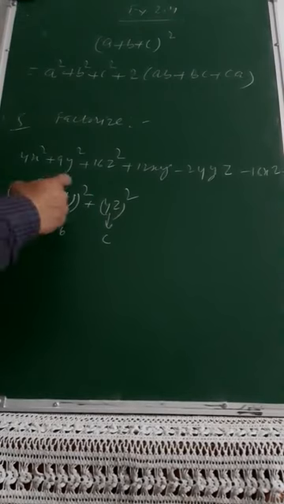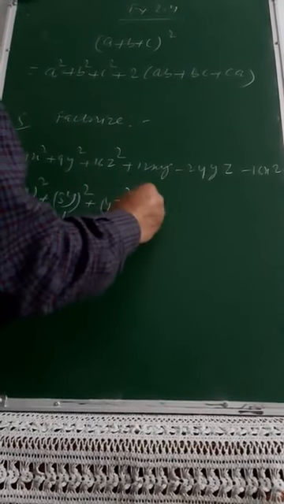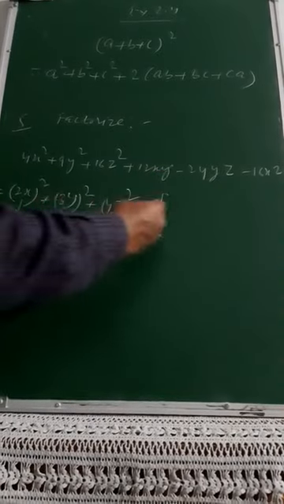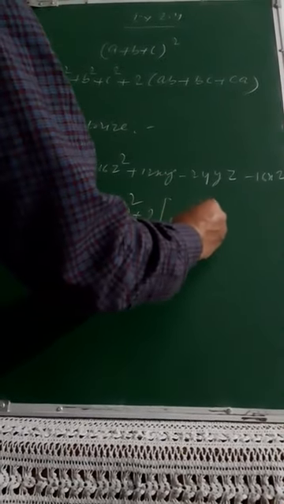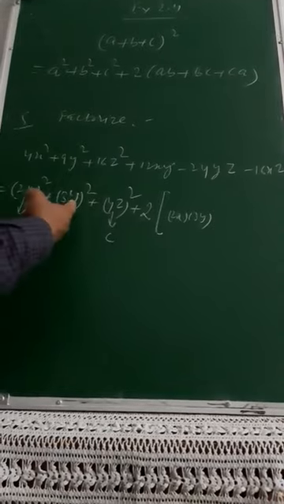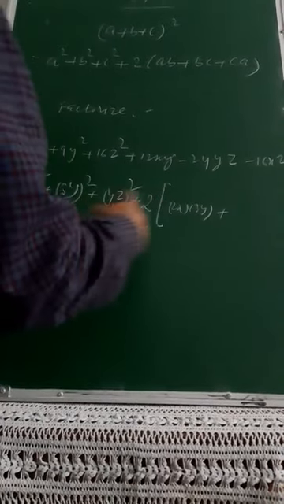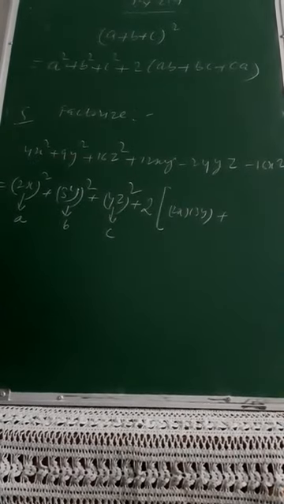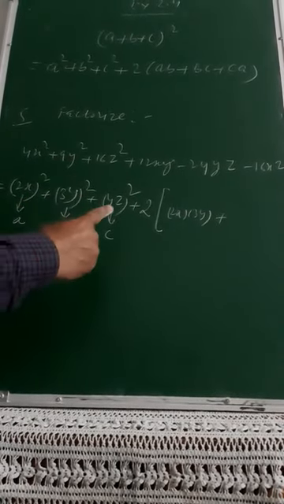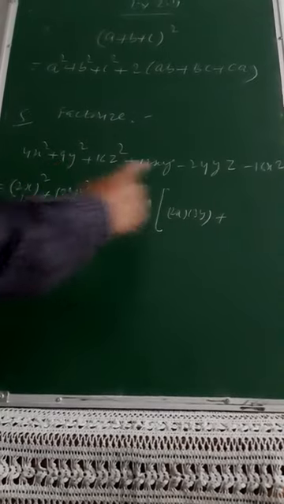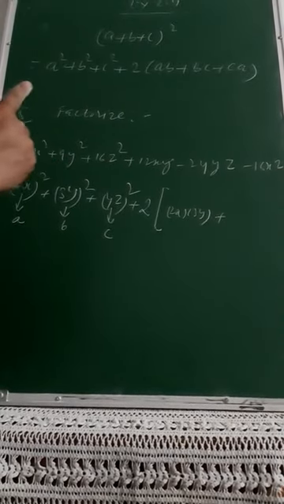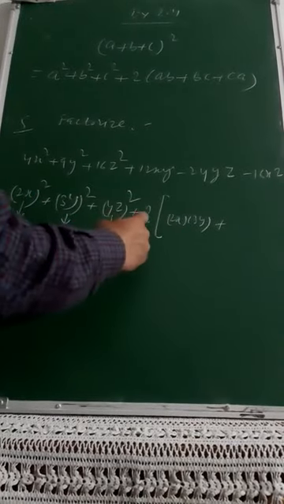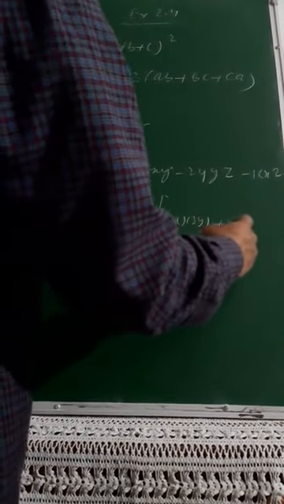So A square plus B square plus C square plus 2 times AB, BC and CA. Now I have written the values here. I am working within the plus signs. After that I will decide where I have to put the minus sign. So please keep a watch as I am proceeding here. In the beginning, I am simply focusing upon A plus B plus C whole square, that is A square plus B square plus C square plus 2AB plus BC plus CA.